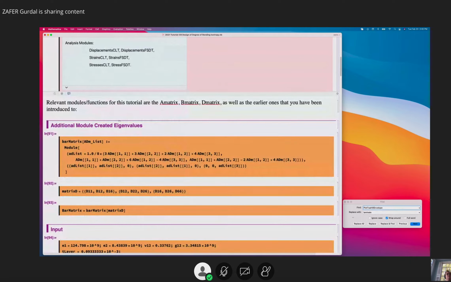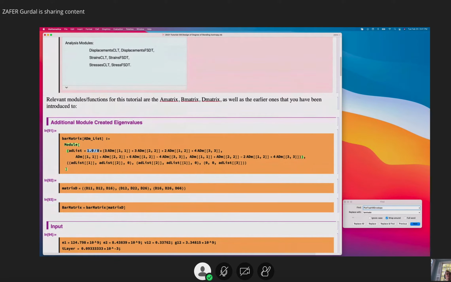All right, so the first thing that I did, which is not in the program, is to write this function, bar matrix. If you remember the equation, it had 1 over 8 times 3 times A11, 3 times A22, 2 times A12, or if it's the D matrix, D11, D22, to add these terms. So this is a 6 by 6 matrix repeated here.